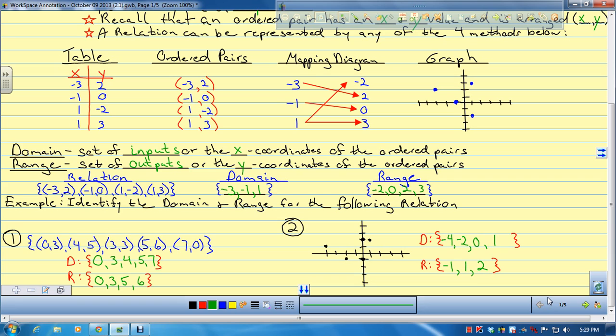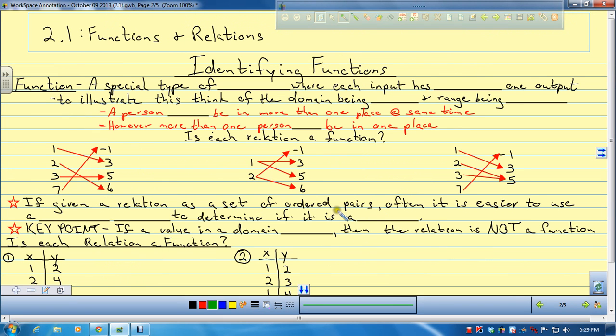Now we'll move on from the domain and range of a relation to identifying what are functions in this case.